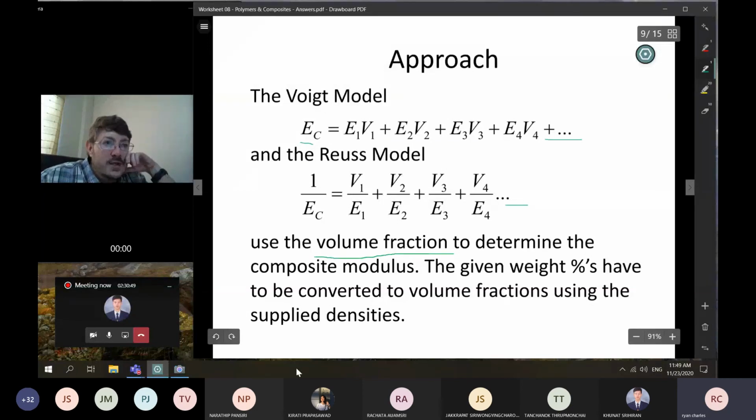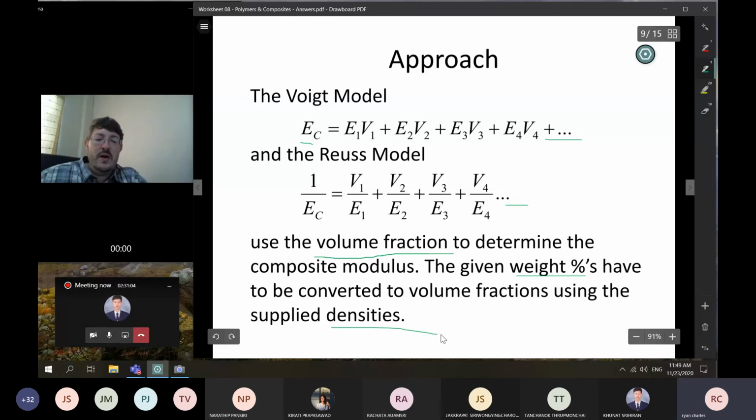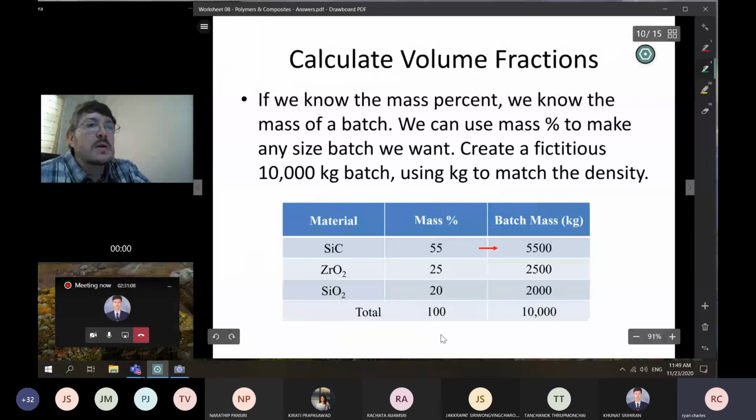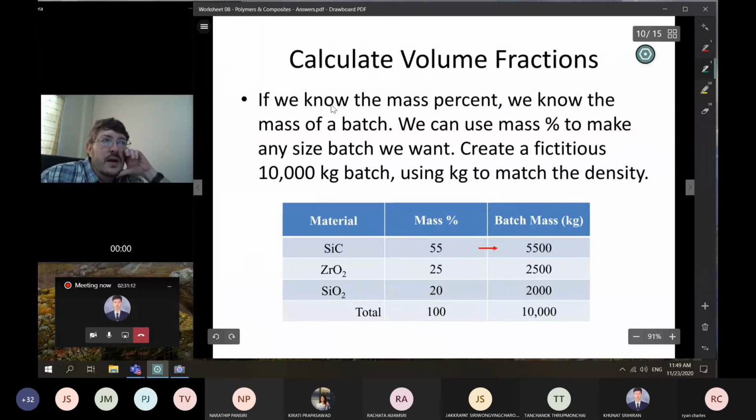So use the volume fraction. I didn't give you that. I gave you weight percent, right? You have to convert between mass and volume using density, a simple equation that you all know since you were in high school. So calculate volume fractions.